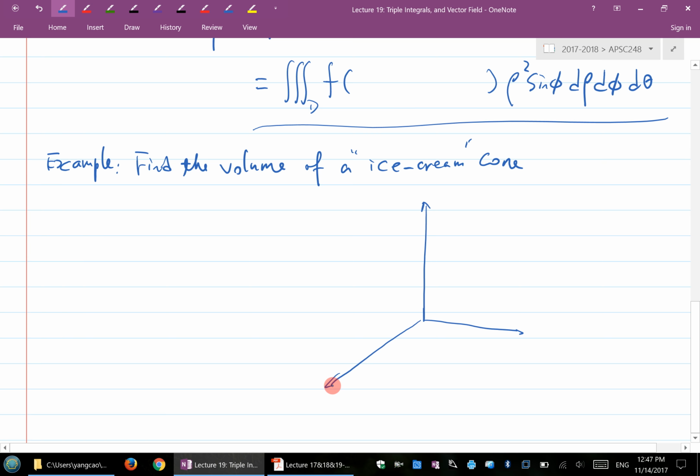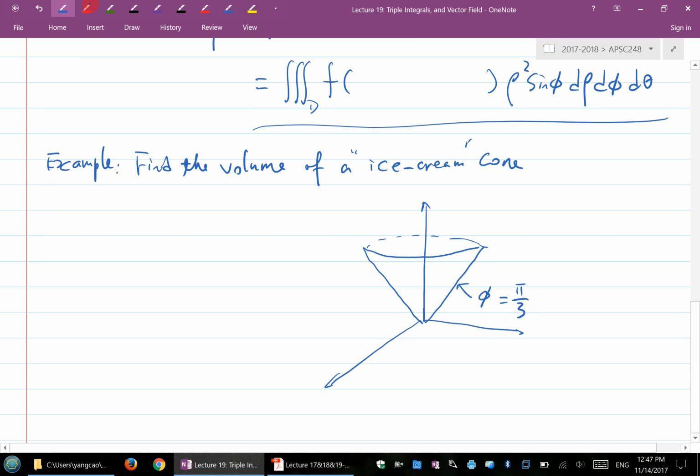The ice cream cone is constructed by two different surfaces. One surface is a cone, and this cone is phi equal to pi over 3.